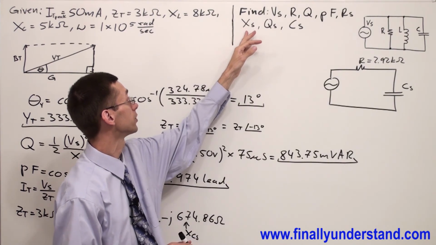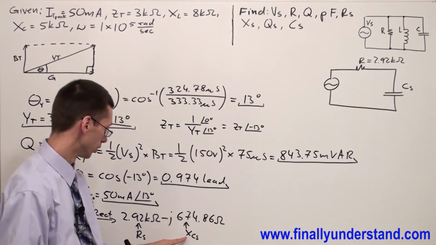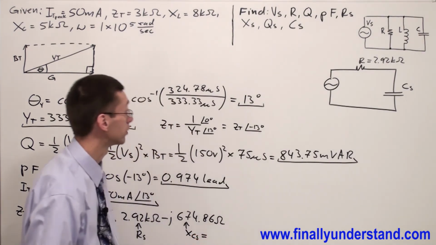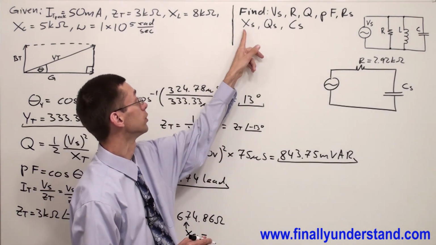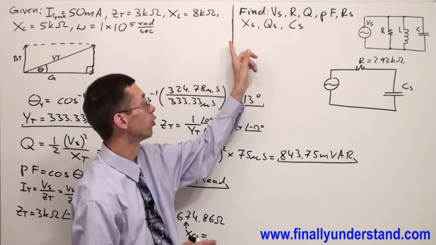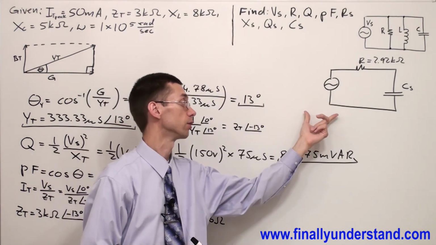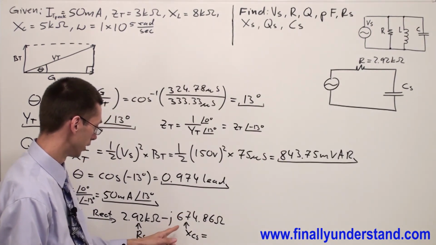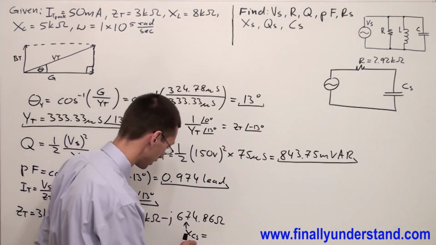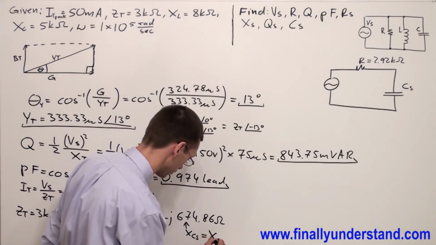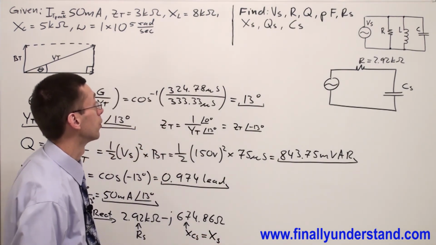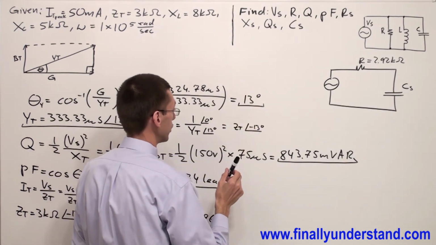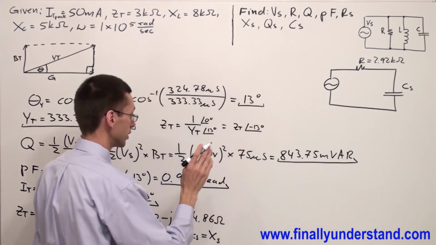X of Cs, because when we were starting to solve this problem, we didn't know what reactive component was going to be in the series equivalent circuit. From this calculation, we found that this is going to be a capacitor. I can say that X of Cs is equal to my X of S. So let's find the total reactive power in the series equivalent circuit.